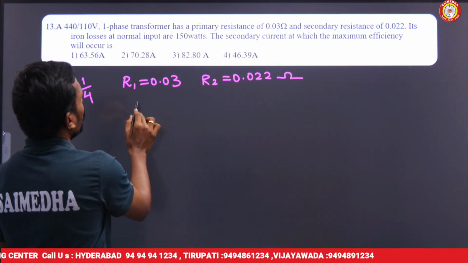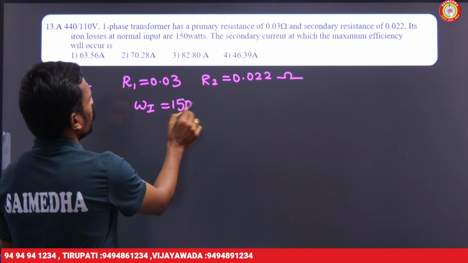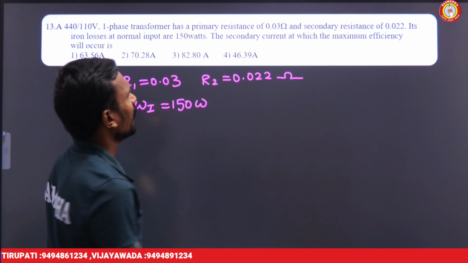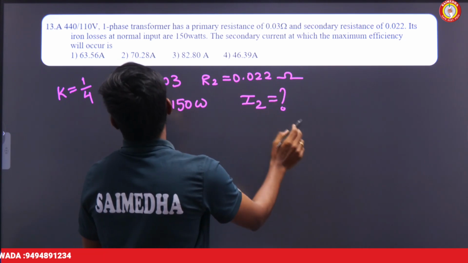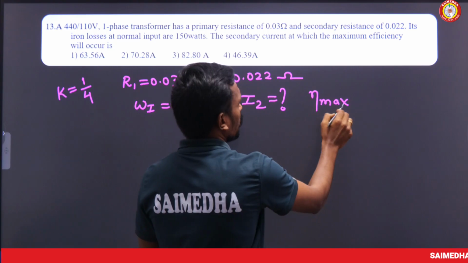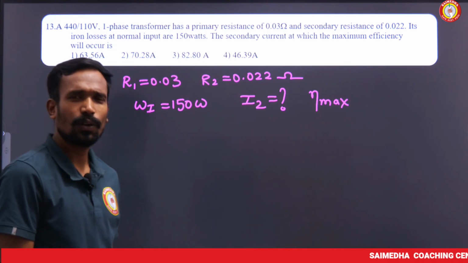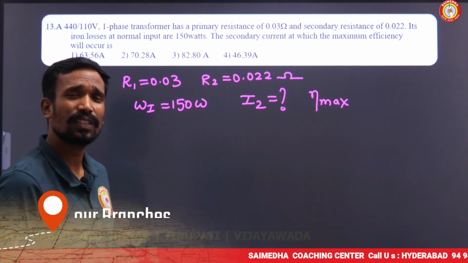Iron losses at normal input they gave as 150 watts. They are asking for the secondary current at which the maximum efficiency will occur.